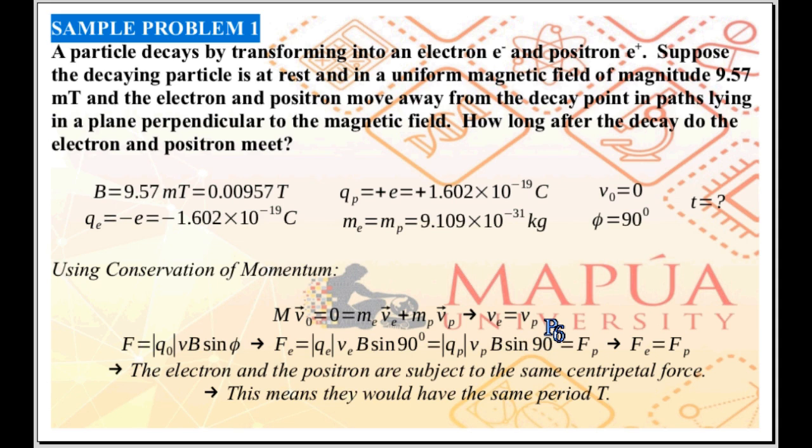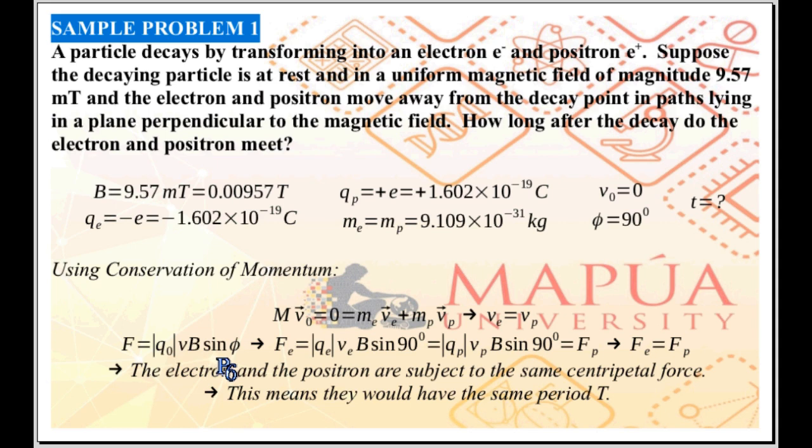Now, the magnetic field will apply magnetic force on the electron and on the positron, causing them to undergo uniform circular motion. The force magnitude experienced by a charge moving inside a magnetic field is given by F is equal to absolute value of q times v times B times sine phi.